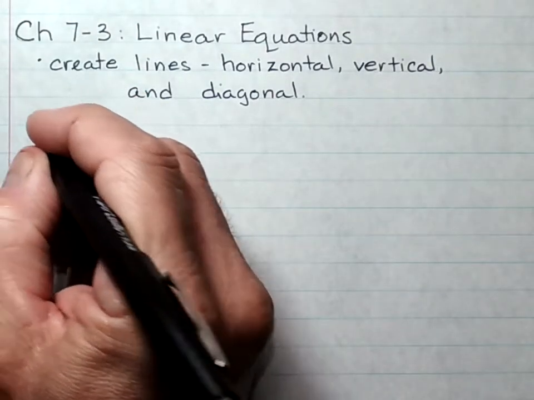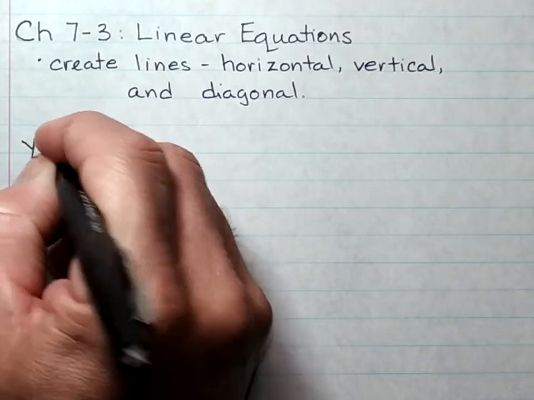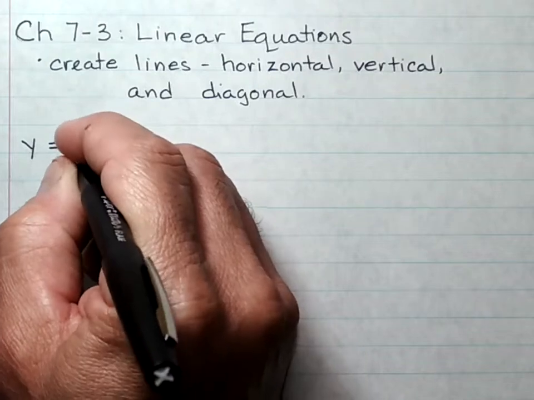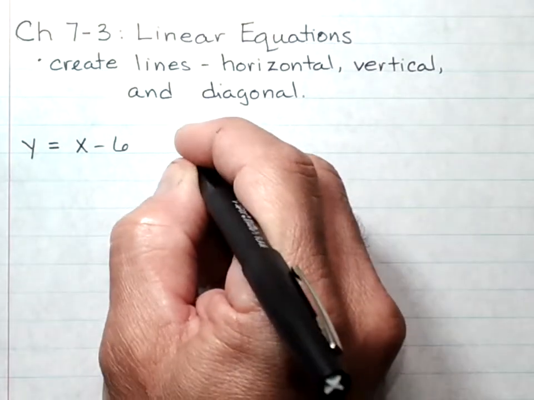Our first equation is going to be y is equal to x minus 6. I'm going to make my t-chart actually horizontal here.